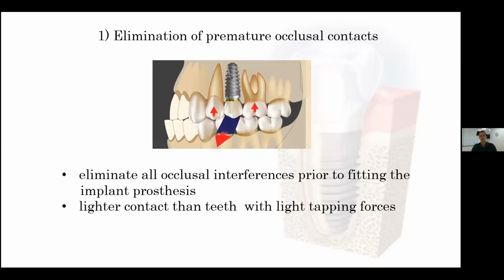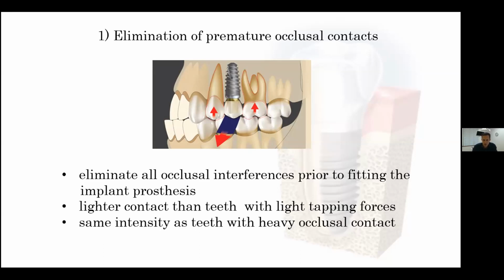So what we want when we set these contact points on our implants is a lighter contact on the teeth with light occlusal force. We want no contact on the implant and only contact on the teeth. Then we get the patient to bite hard, so there's a heavy occlusal force.